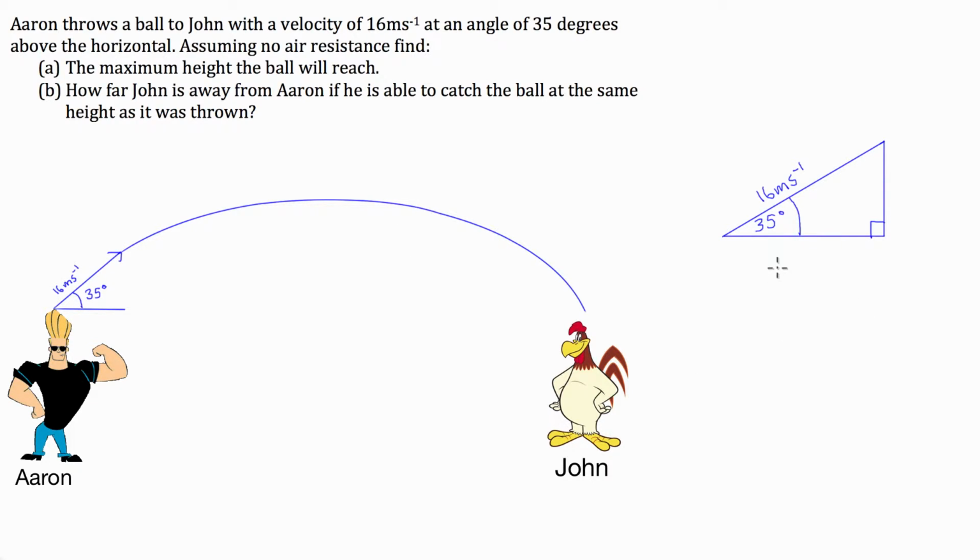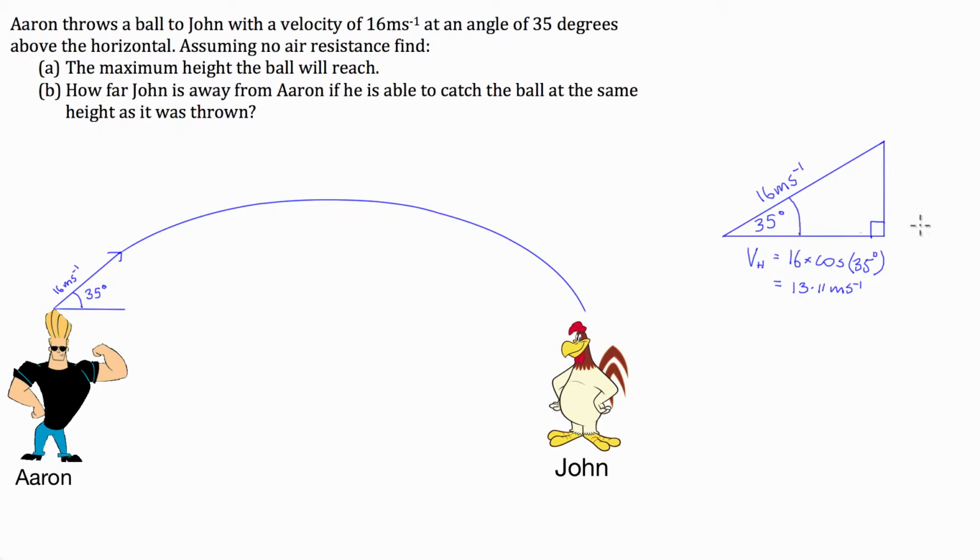And the way we're going to work out the horizontal velocity, or VH, is we're going to get the initial velocity, and because this is the adjacent side, we're going to times it by the cosine of the angle. And that gives us 13.11 meters a second.